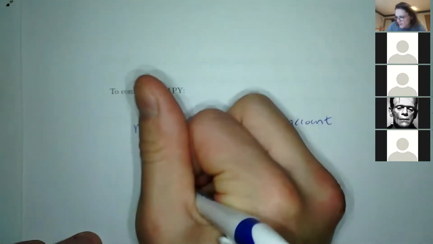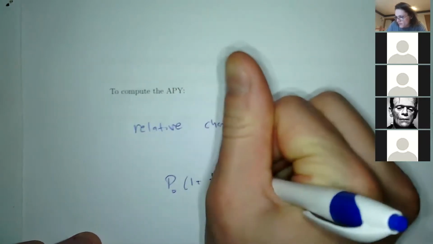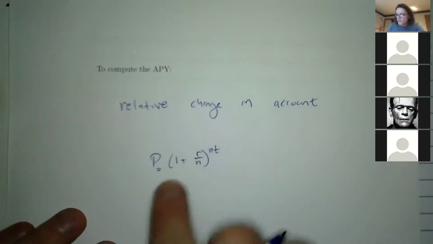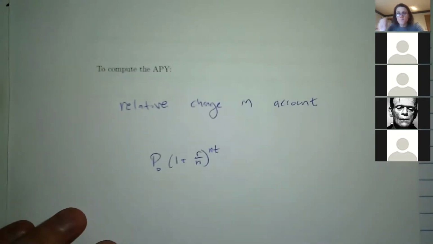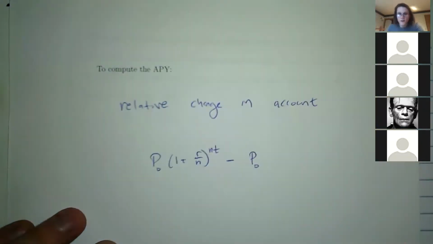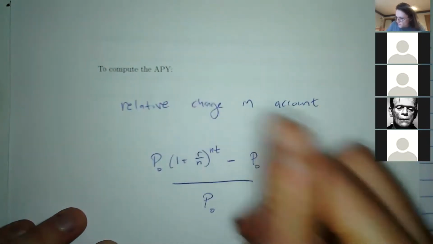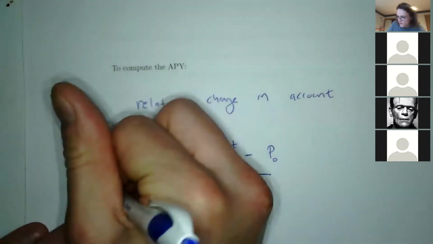So it's going to be P naught (1 plus R over N) to the NT, right? So that's the new amount in the account. That's the balance of the account after T years, minus the initial P naught, all over the initial P naught. So this is the APY.